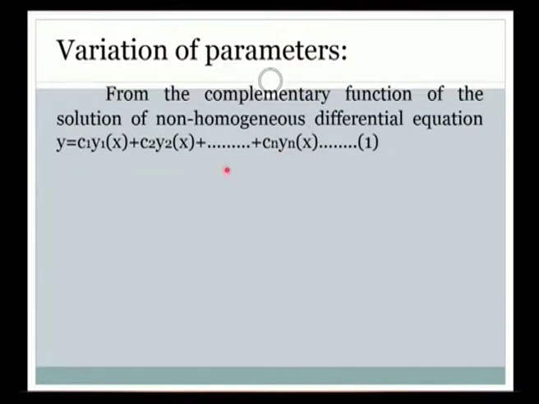This equation shows the linear combination of the solutions of non-homogeneous differential equation. This is the complementary function part of the solution of non-homogeneous equation.